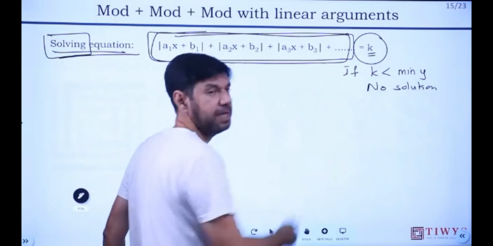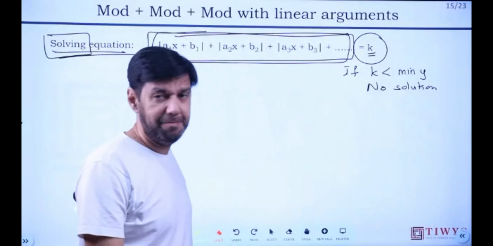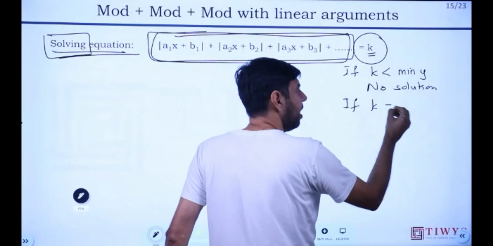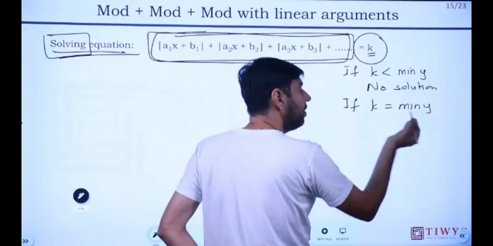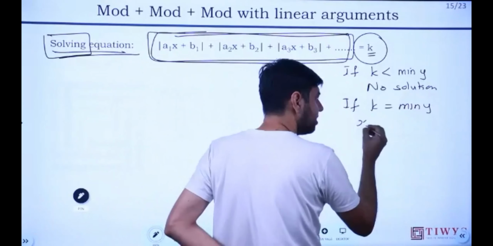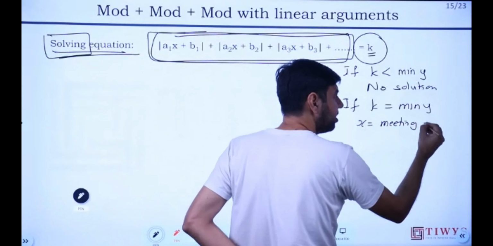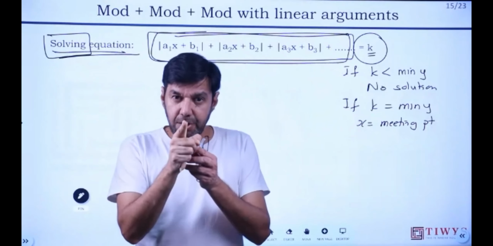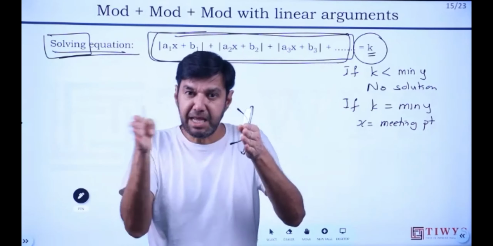This has a minimum value. If you say it should be less than the minimum, it can't be. It has to be at least equal to the minimum. If k is equal to the minimum of y, then wherever the meeting point is, that is x. The meeting point is that value of x: if there's one single middle, that value; if there are two middles, anywhere between them.